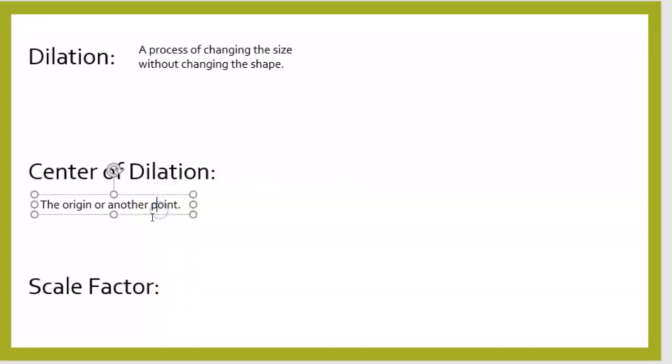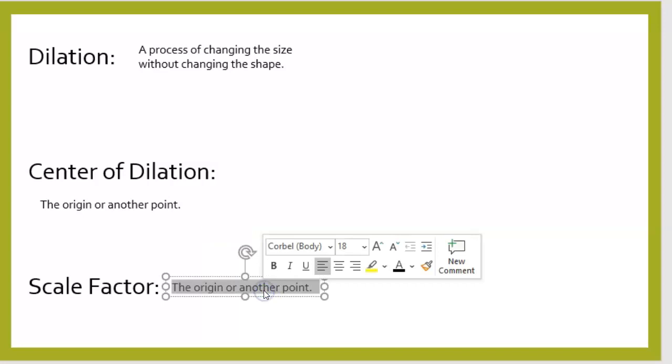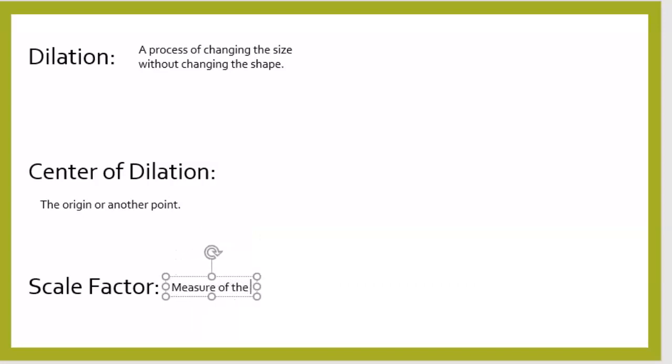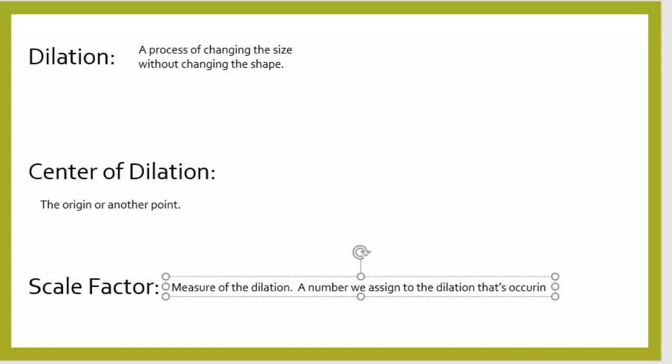The scale factor is a really important piece of all of this, and that is the measure of the dilation. It's basically a number we assign to the dilation that's occurring. So we can say, how much larger is that circle?